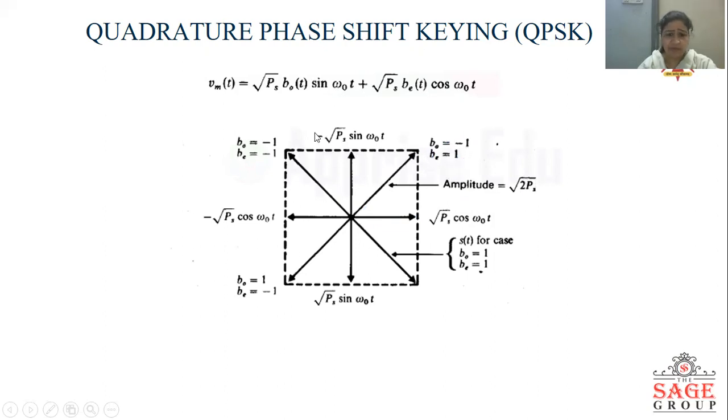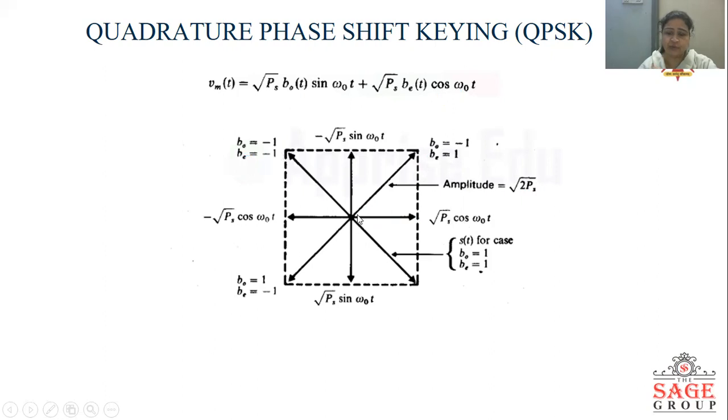Similarly, when B naught is equal to -1 and BE is equal to -1, then we have to consider for sin omega naught t and cos omega naught t the negative direction. So this is the negative direction of cos and this is the negative direction of sine. So this will be the resultant point. B naught is equal to -1, BE is equal to -1, and here we can see the length of the diagonal is again root 2 PS.